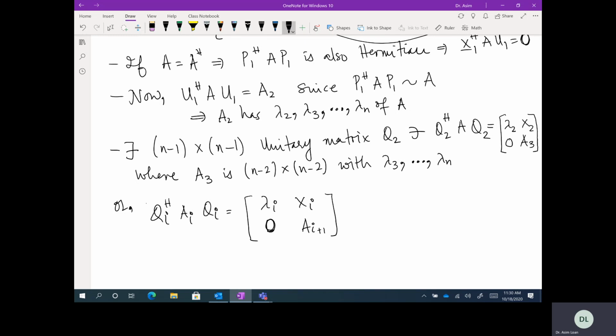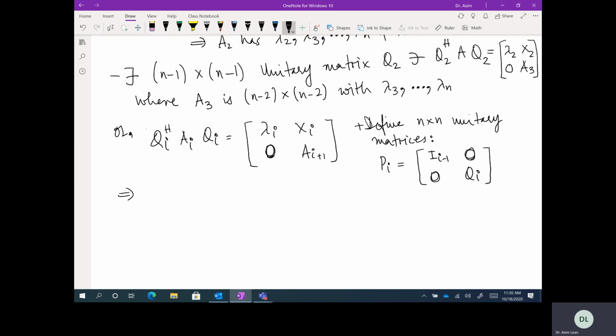Okay, so let's define n by n unitary matrices Pi equals I i minus 1, 0, 0, and this is some Qi.